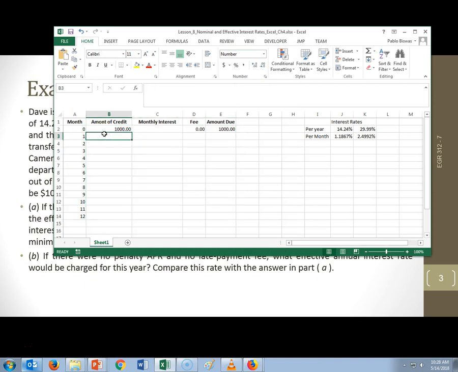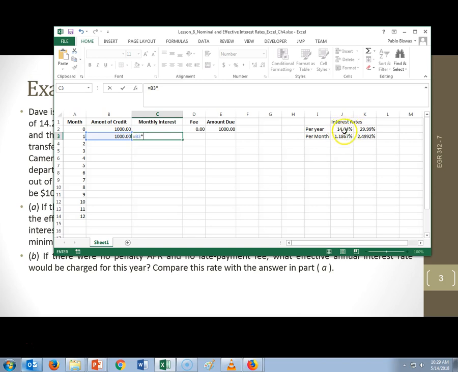So in the second month when the payment is due, this is the amount. Now the interest will be charged based on the amount times the interest rate, which in this case is per month.